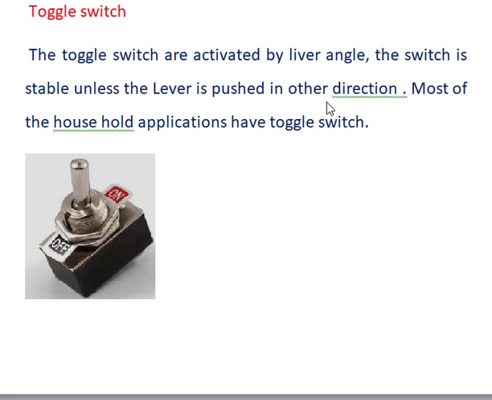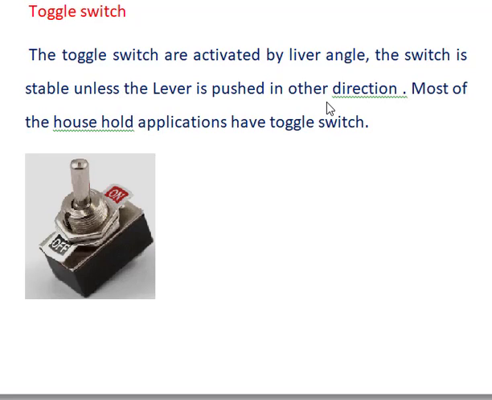Another type of switch is the toggle switch. These toggle switches are activated by a lever angle. The switch is stable unless the lever is pushed in the other direction. It is just like a single pole single throw key. Most of our household appliances use a toggle switch.